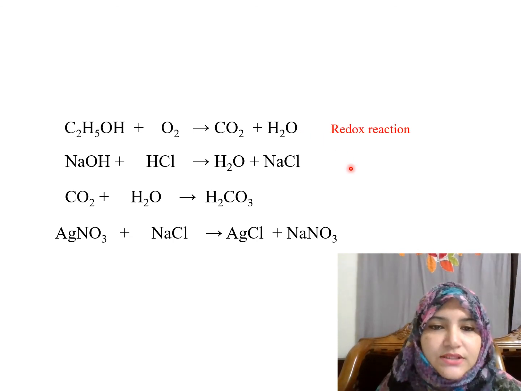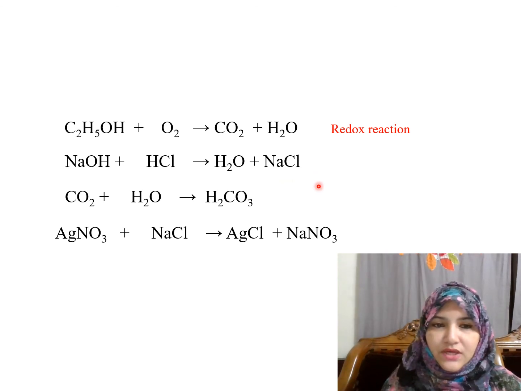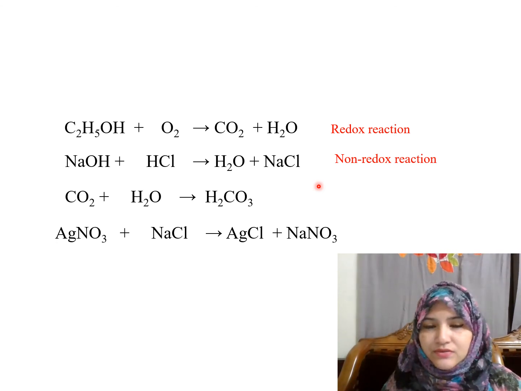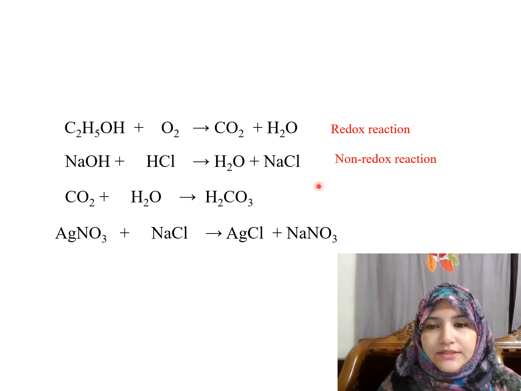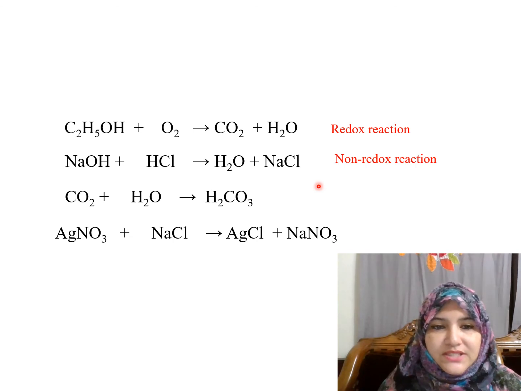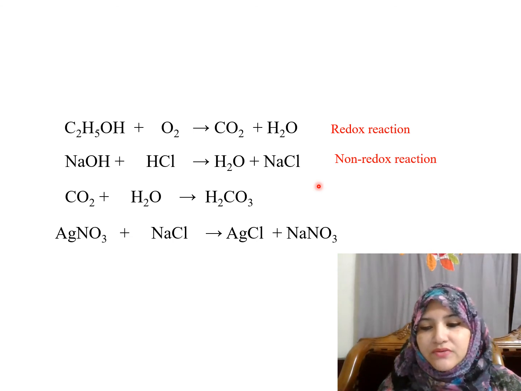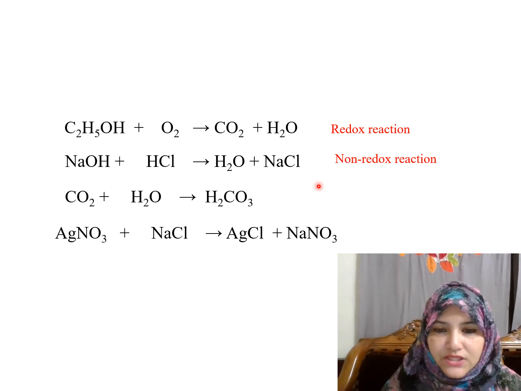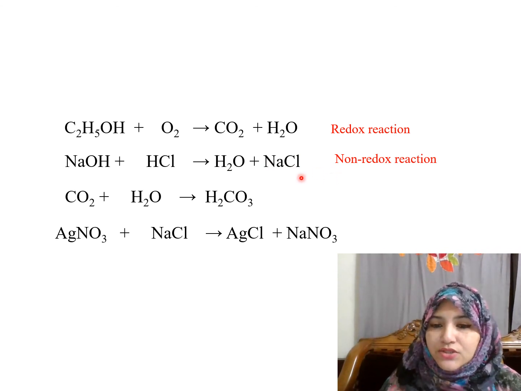Okay, and what about the second reaction? There are no pure elements in this example, so it is not a redox reaction. And usually and always, acid base neutralization reactions are not redox reactions. Anytime you have a double displacement reaction, it is never going to be a redox reaction, but all single displacement reactions will be redox reactions, and acid base reactions are double displacement reactions, so these are always non-redox reactions.